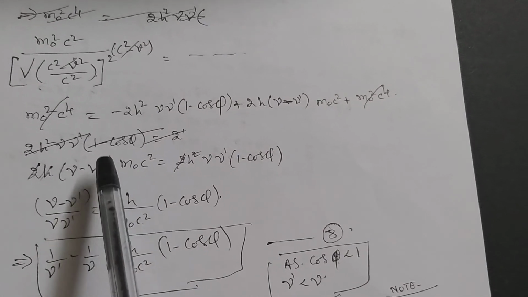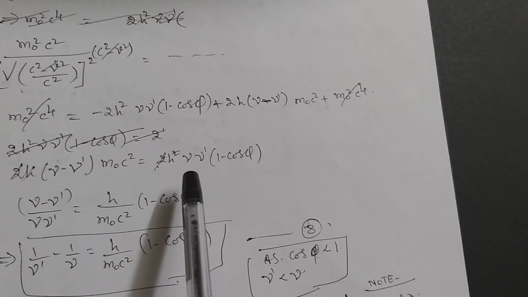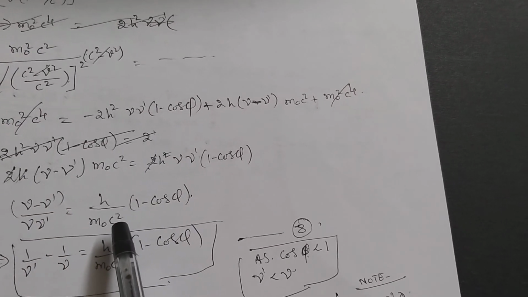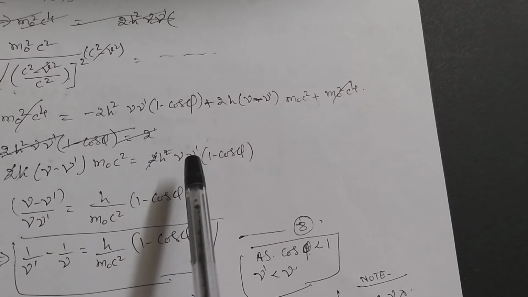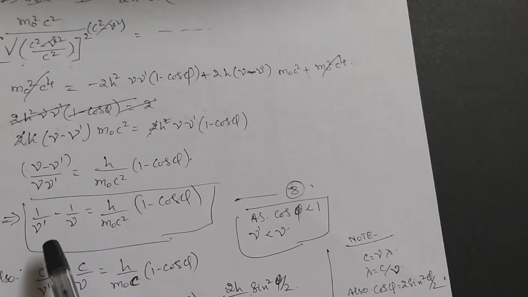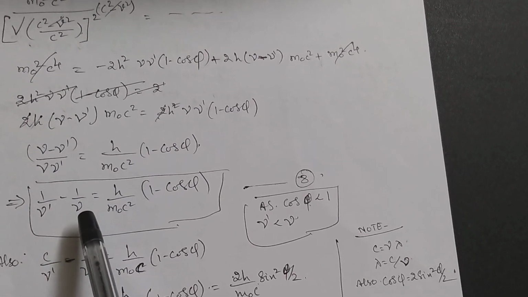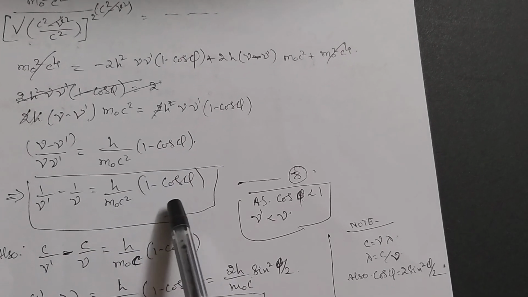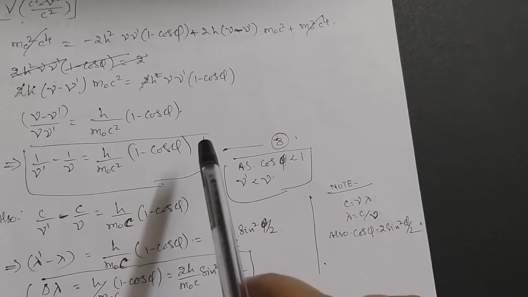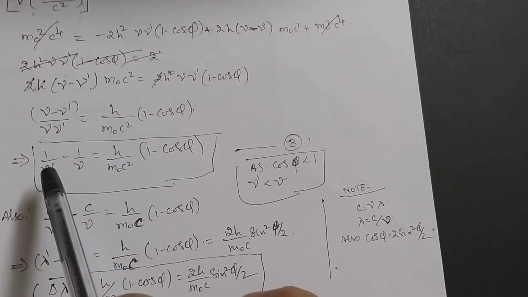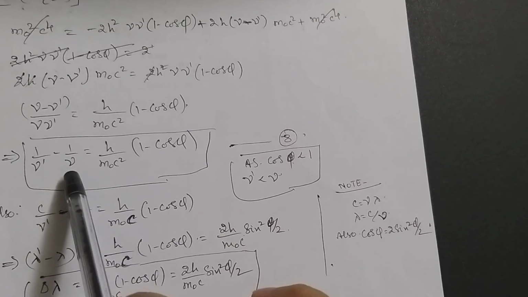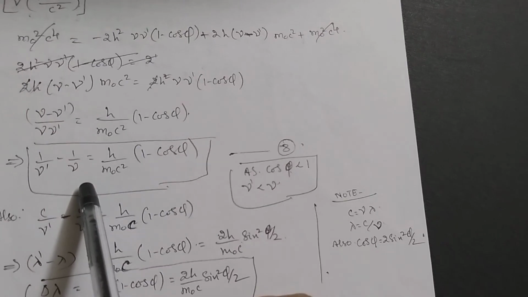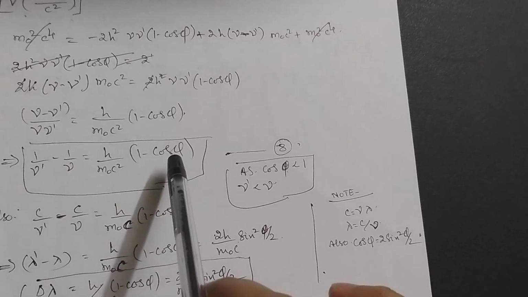Here 2h will go, h will remain, and this m0 c square comes down, and nu nu dashed will come here, so that it becomes 1 by nu dashed minus 1 by nu is equal to h by m0 c square into 1 minus cos phi. This gives you the difference in frequencies which the photon undergoes because of the collision with the electron and getting scattered by an angle phi.